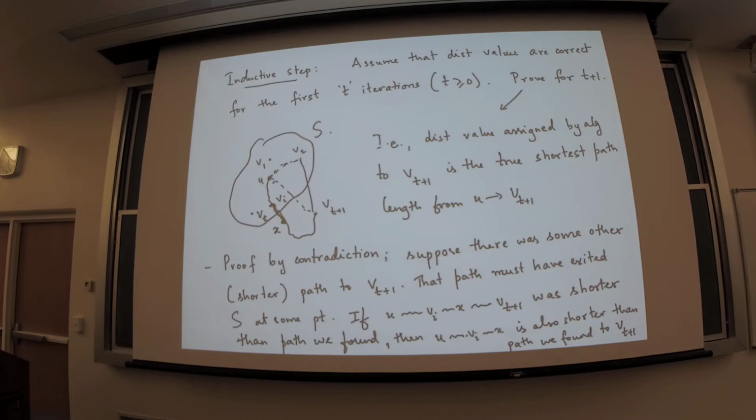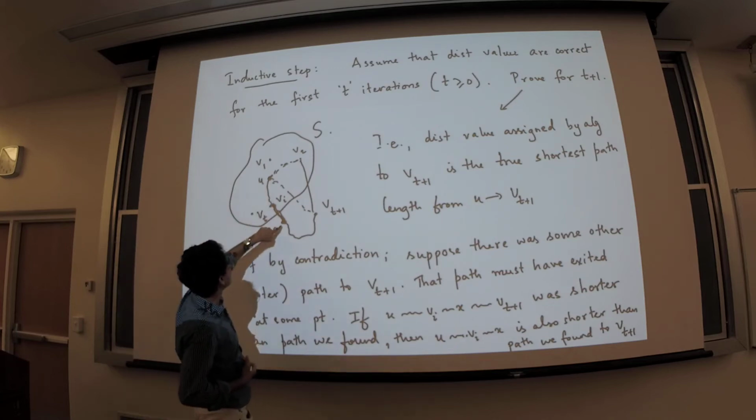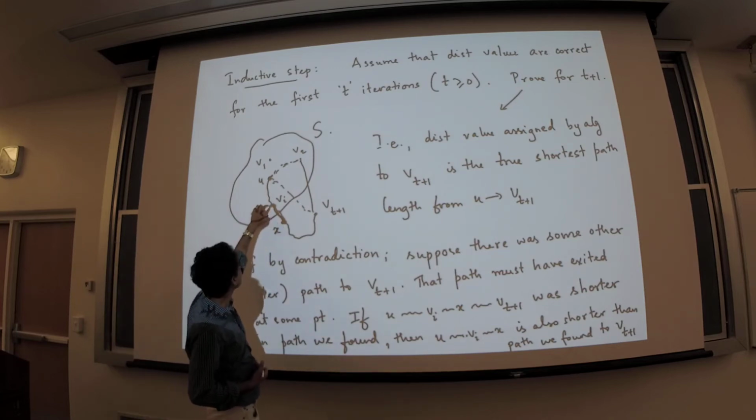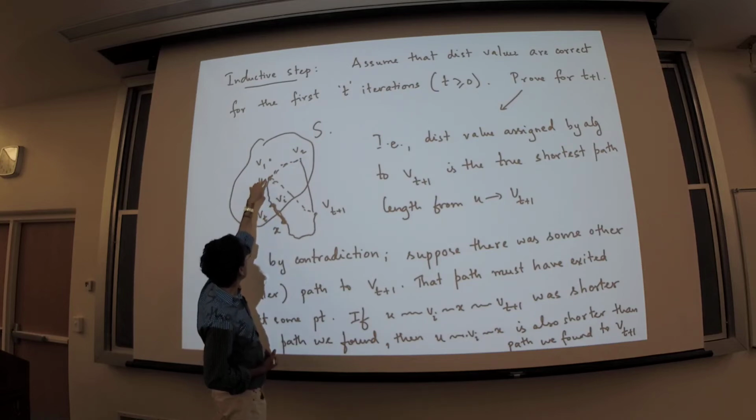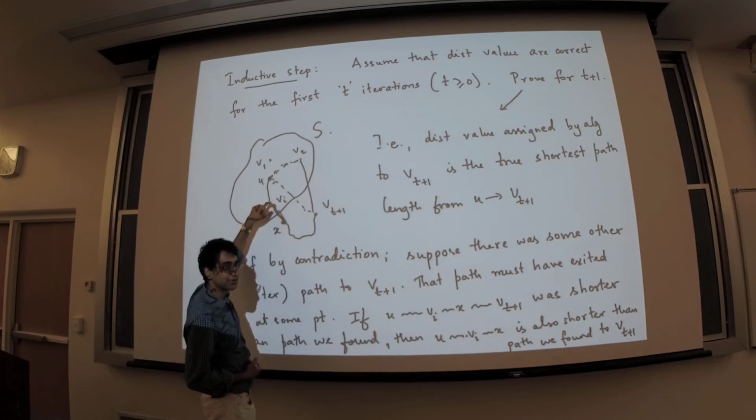Maybe where the path from like U to VI is already the shortest. Exactly. So we used it to say that I was going from U to some X, right, via this VI. I have used here the fact that whatever dist value I found for VI was actually the shortest path.